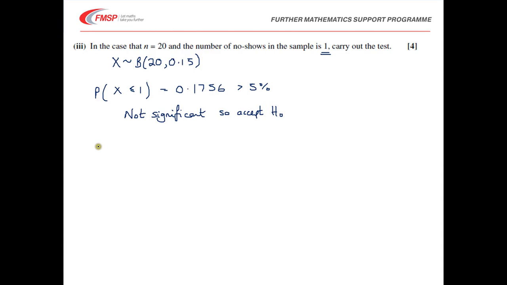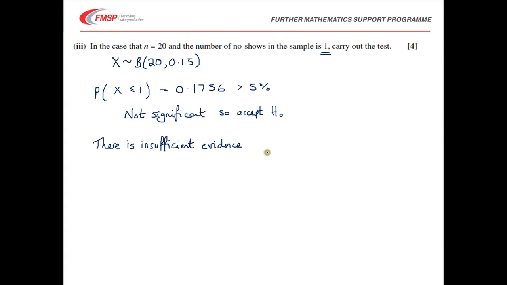Now we need to put that into context. There is insufficient evidence. It's not that there's no evidence, because we've certainly got a lower proportion of no-shows than we would have expected if the probability was 0.15. So there's some evidence, but there's not enough evidence given the natural variation in random events.